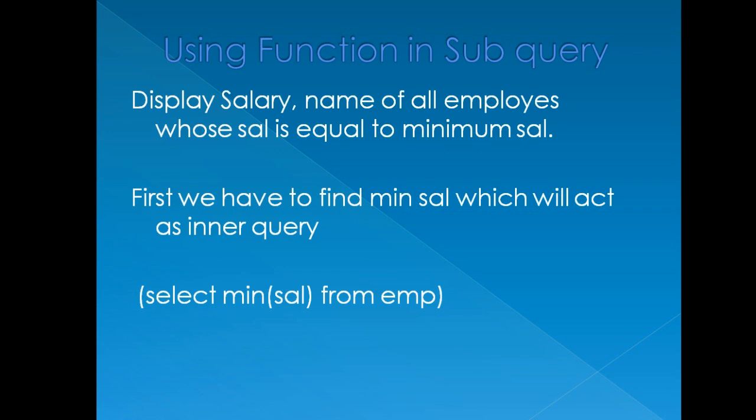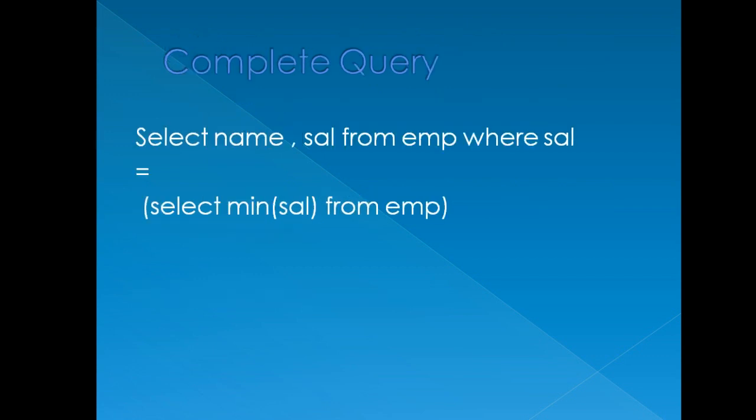So I have to write select min salary from table name, and my complete query will be select name, salary from table name where salary is equal to, and my internal query will be select minimum salary from table name. So the output of this query will become the input of my external query. I'll show you how.